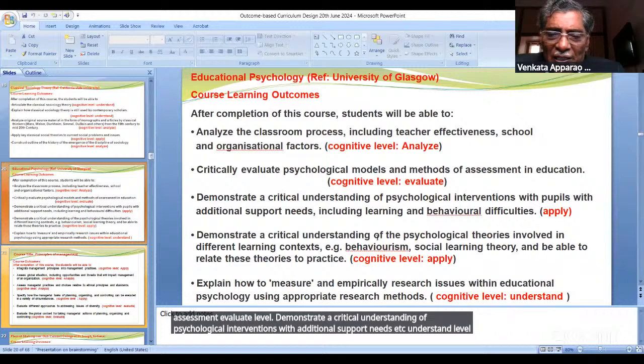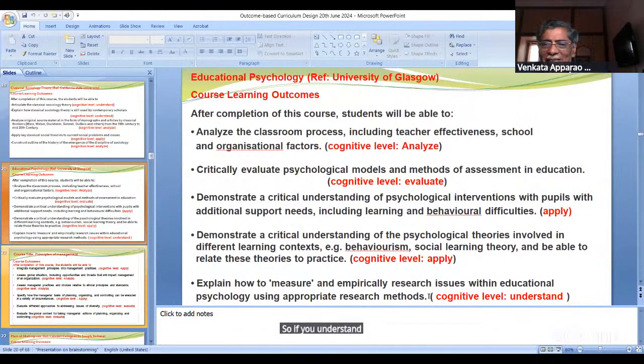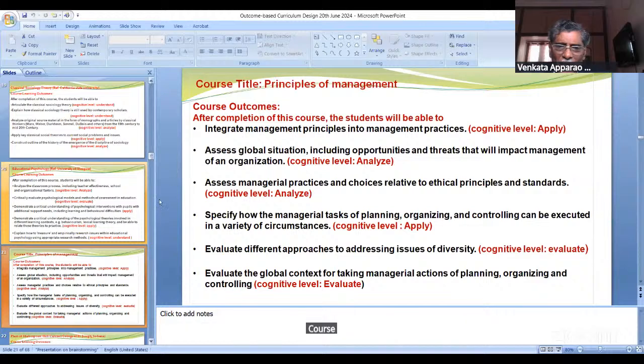Demonstrate a critical understanding of psychological theories involved, apply level. Explain how to measure and empirically research issues, etc., understand level. So you see understand level, apply level, analyze level, and evaluate level, not even a single one at remember level. Then principles of management, course outcomes, common stem.